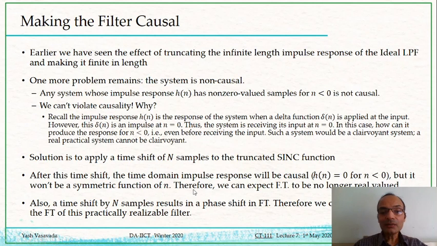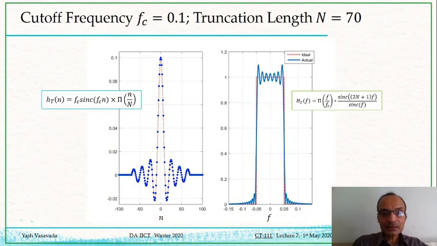However, because we shifted it in time, according to the first property, because the system is no longer symmetric, we should not expect the frequency response, capital H of f, to be real valued anymore. But that indeed is the case.